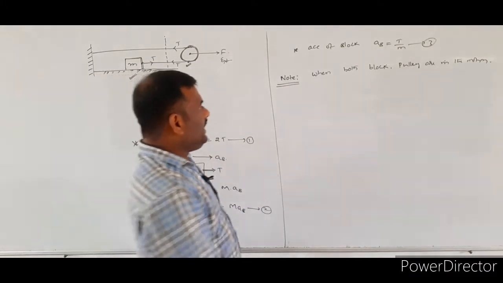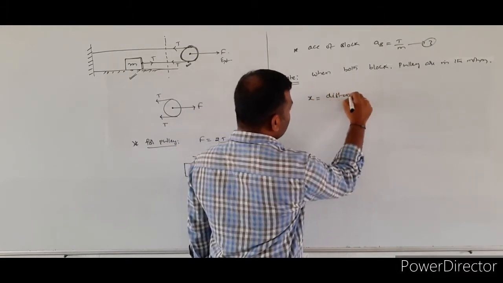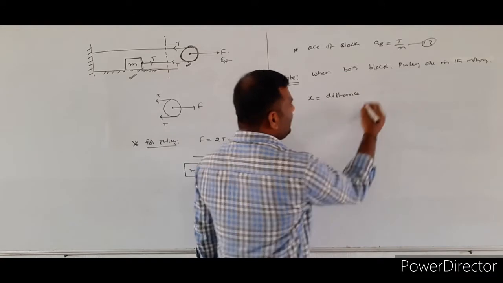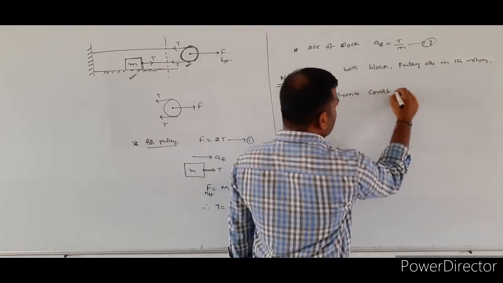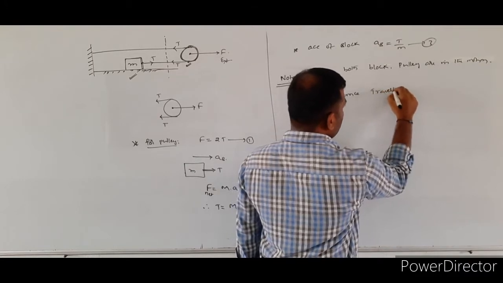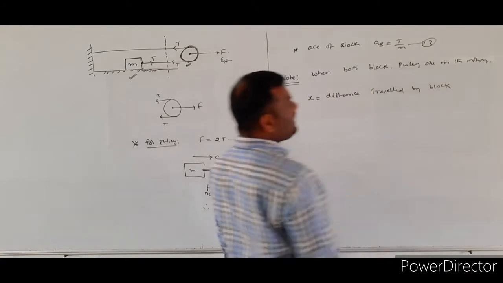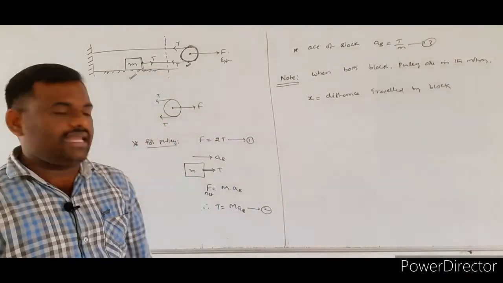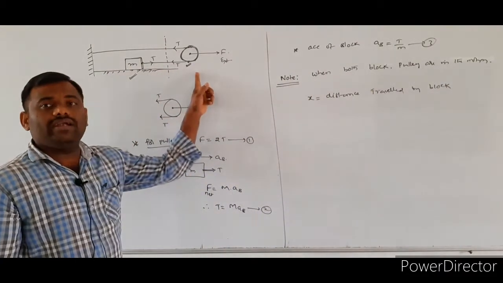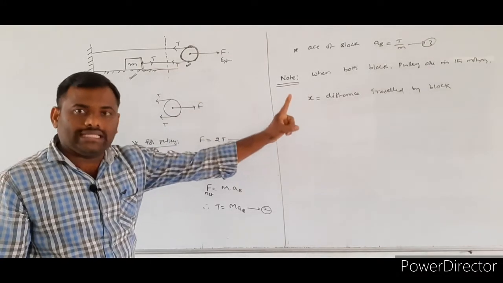If x is the distance travelled by the given block, then the distance travelled by the pulley will be half of the distance travelled by the block.